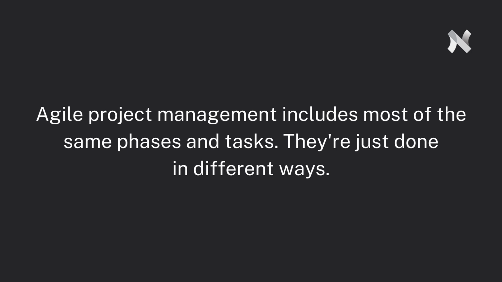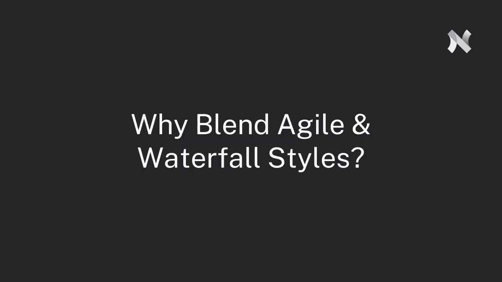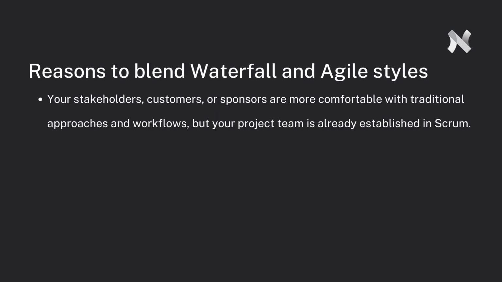So even though these two approaches have clear differences, blending them might make a lot of sense, depending on the type of project or project team you're working with. Here are some reasons you might want to blend Agile and waterfall styles. Your stakeholders, customers, or sponsors are more comfortable with traditional approaches, and using workflows or delivering traditional work products is easier for them to understand and follow.